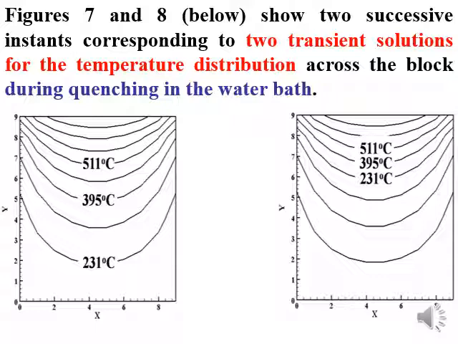So I'm asking you which of these instants correspond to be closer to the steady state solution. So I have two transient solutions, and I'm asking you which one is closer to represent the steady state solution for the quenching of this steel block in the water bath.